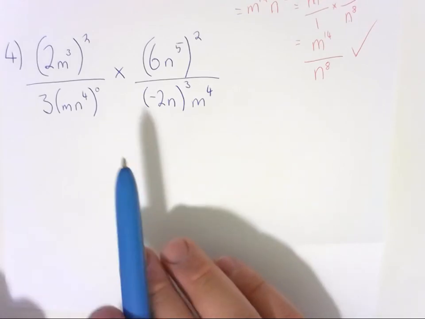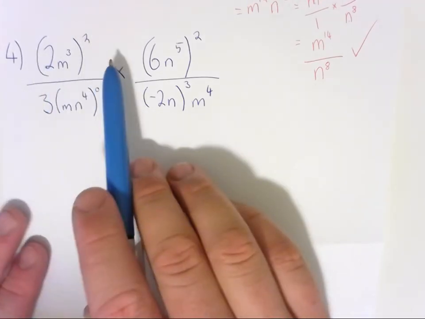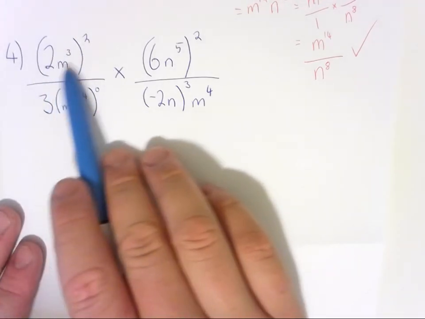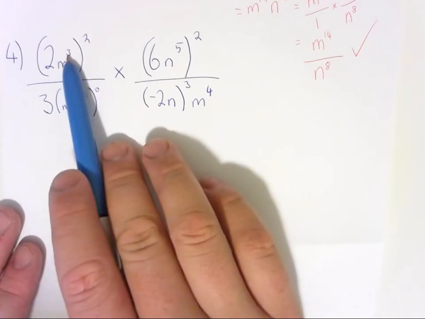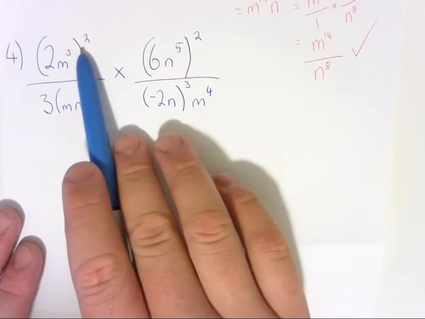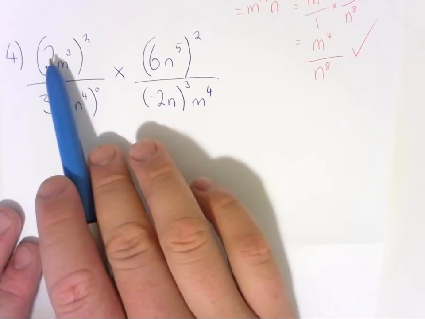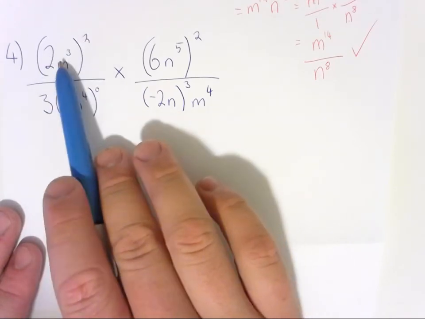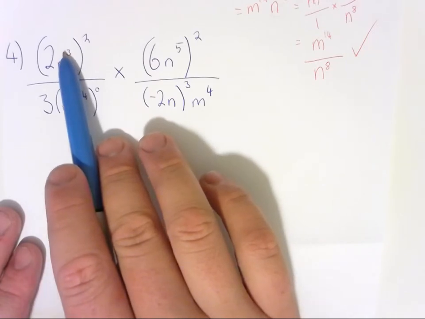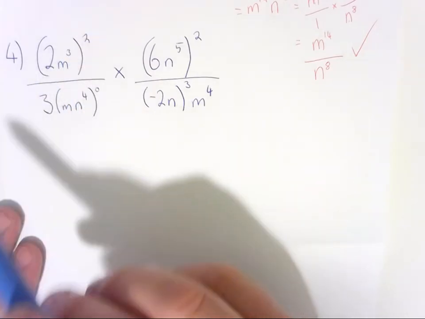Now, I think the biggest mistake people make with these sort of questions is they just look at the variable and the power, and they just multiply the 3 by 2. This 2 also needs to be squared. We need to do 2 squared and m to the 3, that power, times by 2.